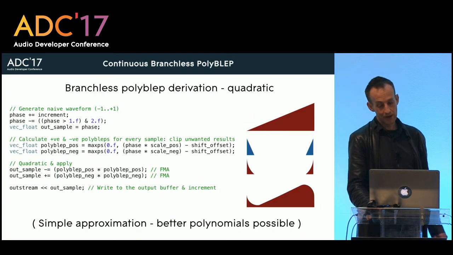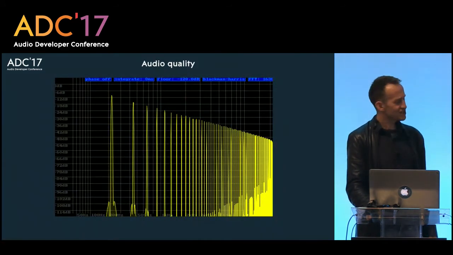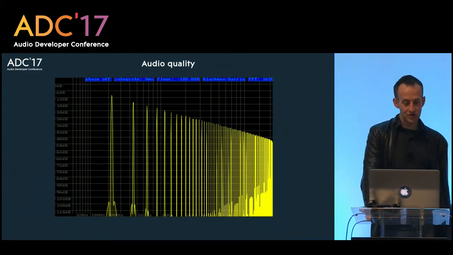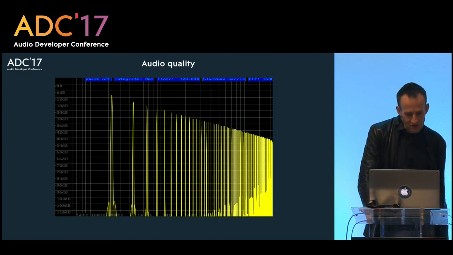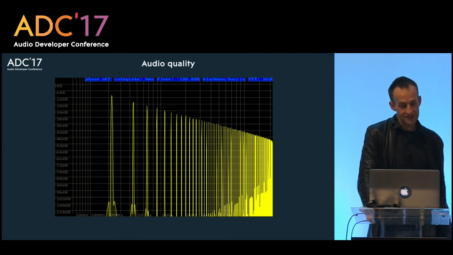There are much better polynomials available than this for doing this polyblip job, but this one is really straightforward and easy to understand, and it actually sounds pretty good 2 times oversampled. It's not perfect, but most of that aliasing is down below the 16-bit noise floor.